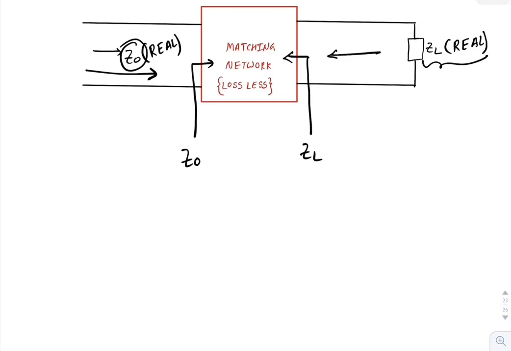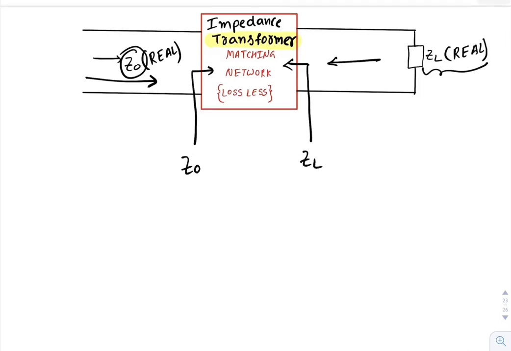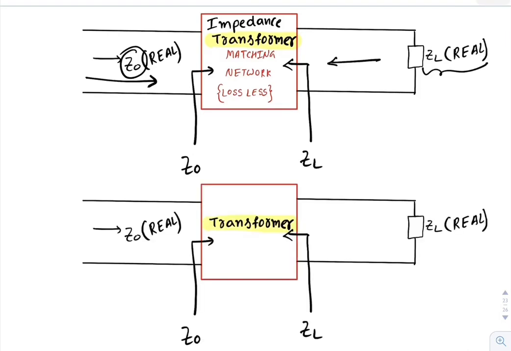In this perspective, I can write this matching network as an impedance transforming network. So therefore, this is an impedance transformer. In short, you can call it a transformer network. Redrawing the same network, I can represent it like this.